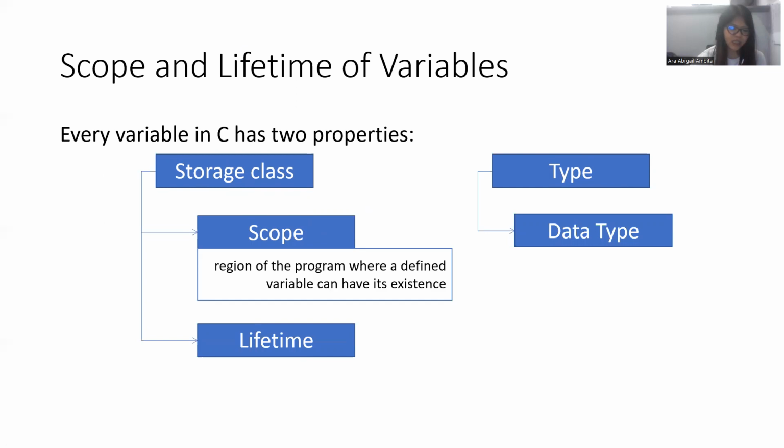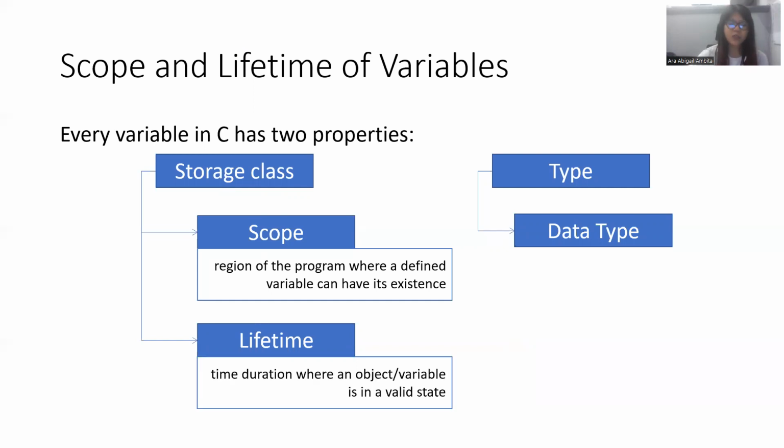When we say scope, it's just the region of the program where a defined variable can have its existence, or a region of code in which a variable is available to use. The lifetime is the time during which the variable is taking up a valid space in the system's memory. It's the time duration where an object or variable is in a valid state.